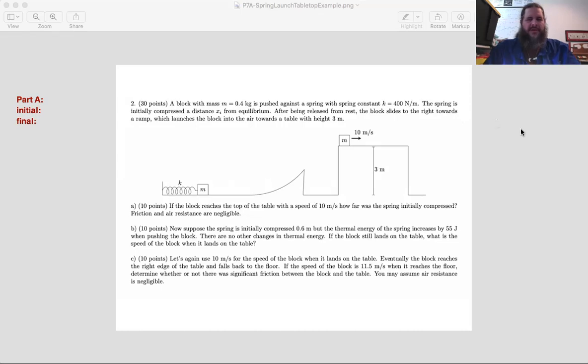Because if we want to apply the conservation of energy stuff, we've got to be able to have an initial and final instant to consider. So if we're launching this up to the tabletop, what's the beginning and end of the time interval we're considering? What would be a good starting point and ending point for this time interval?